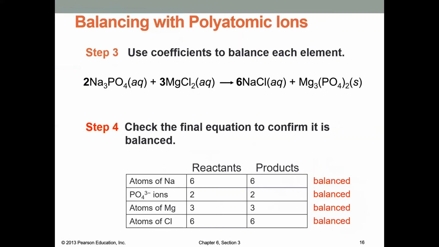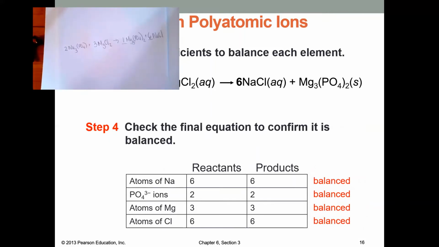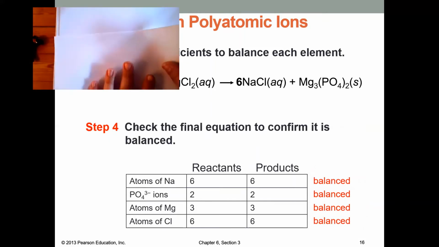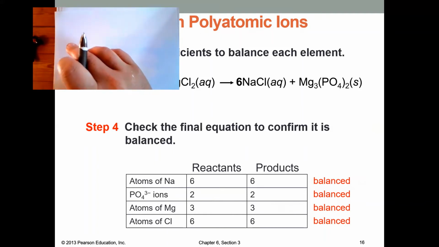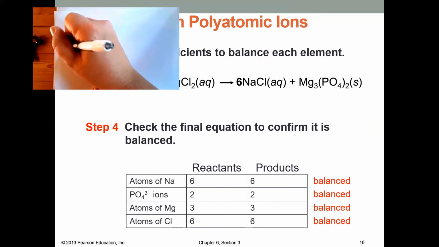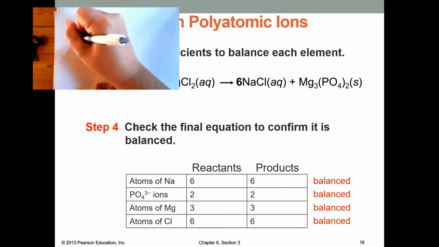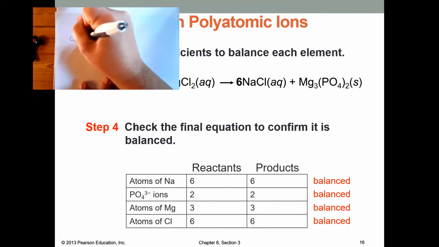We're going to do one other one just to double check and make sure how we're doing. So the one I would like to do with you is looking at the combustion of glucose. That's always a good example. So in this case, I'm going to have C6H12O6.